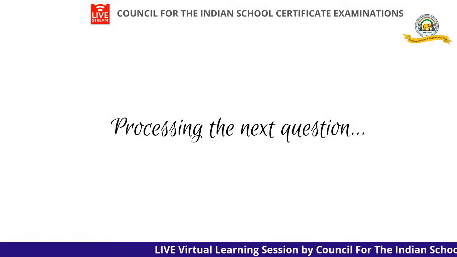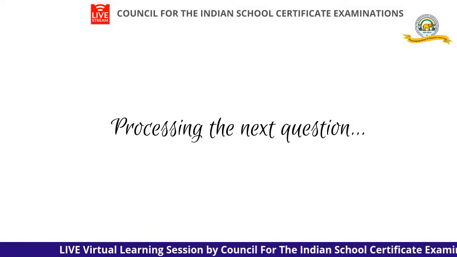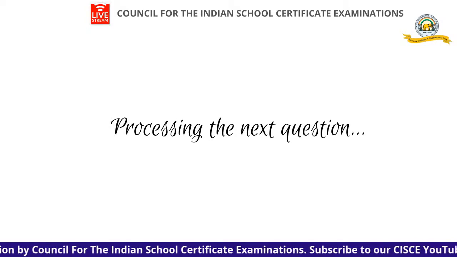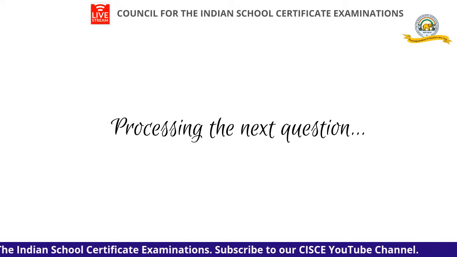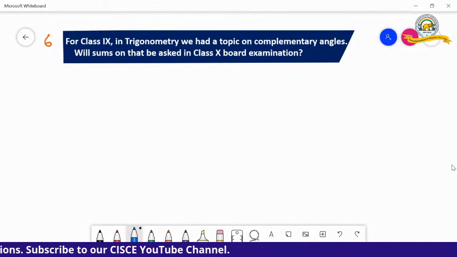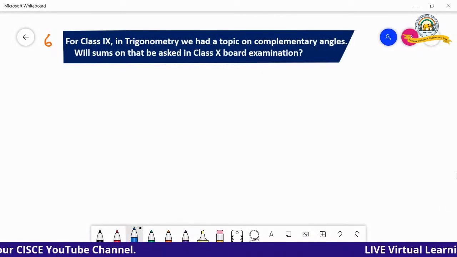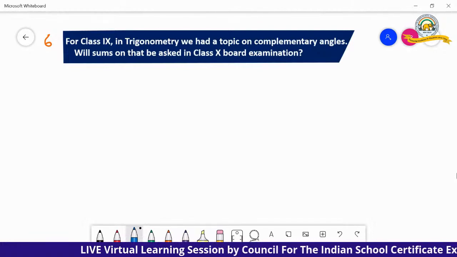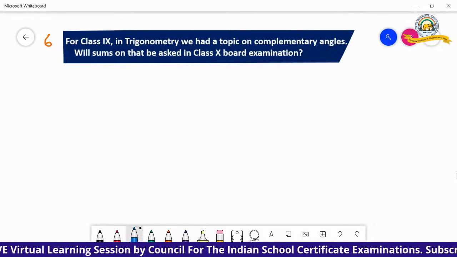So let us see our next question. Okay, this is our next question. For class 9 in trigonometry, we had a topic on complementary angles. Will sums on that be asked in class 10 board examination?